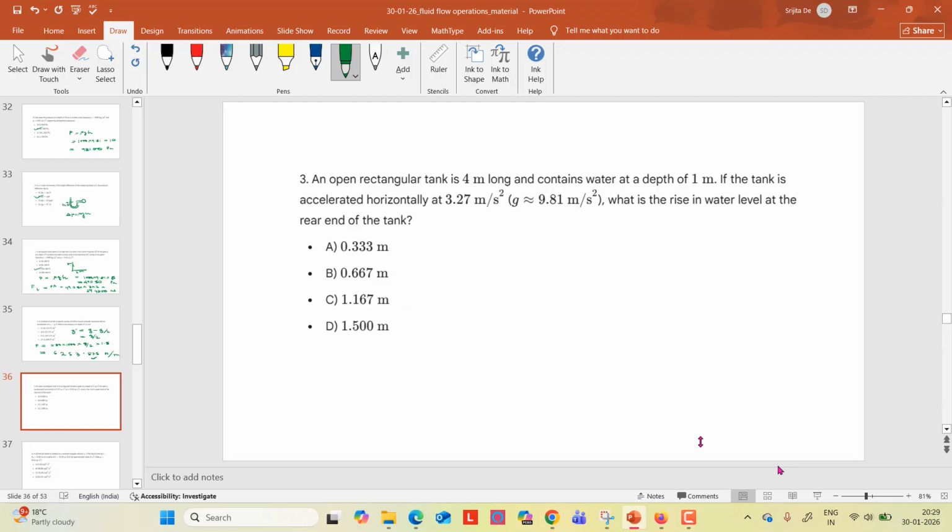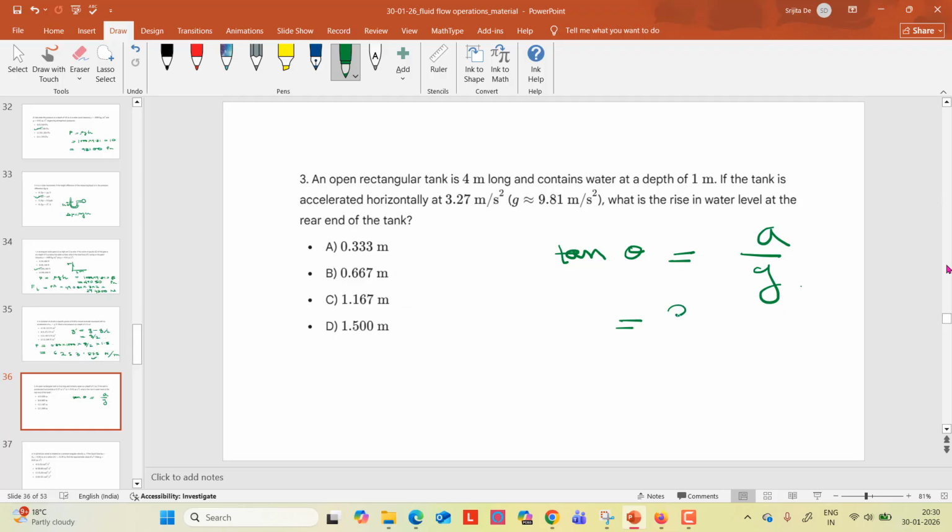If the tank is accelerated horizontally at 3.27 meter per second square, what is the rise in water level at the rear end of the tank? So tan theta equals a by g, right?